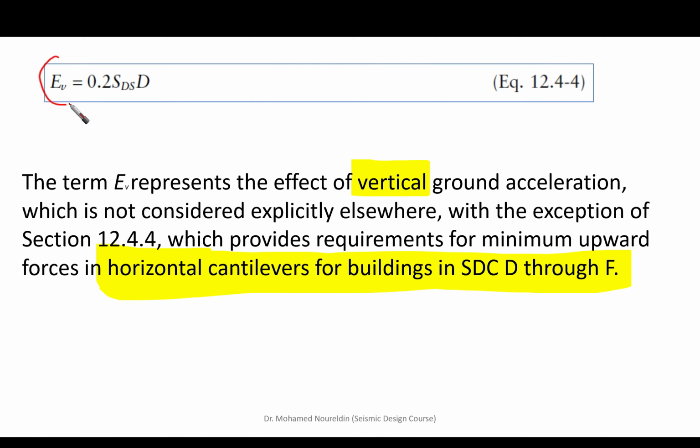For EV, it is 0.2 SDS D. As we said, this is the vertical component. The term EV represents the vertical ground acceleration, which is not considered explicitly elsewhere, with only one exception, section 12.4.4, which provides requirements for minimum upward forces in horizontal cantilevers for buildings in SDC D through F, which I have already mentioned.